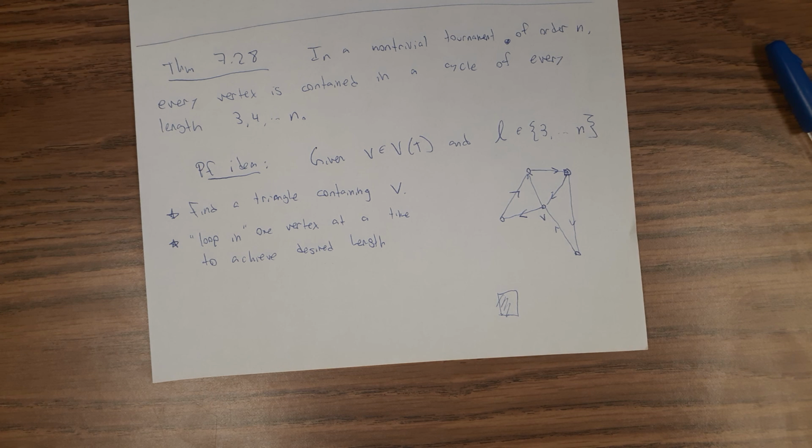And of course, pancyclicity is stronger than Hamiltonicity, because if a graph is pancyclic, then of course it's Hamiltonian, because it has a cycle of length n. So pancyclicity is another property, similar to but stronger than Hamiltonicity, that is commonly studied in graph theory. Oh, and I am almost out of time for the video, so I'm going to stop here.